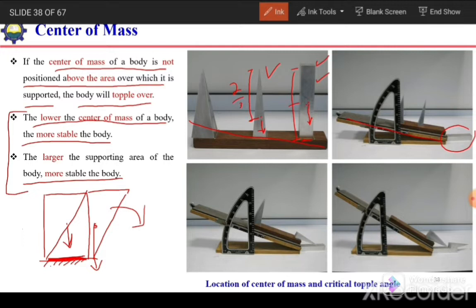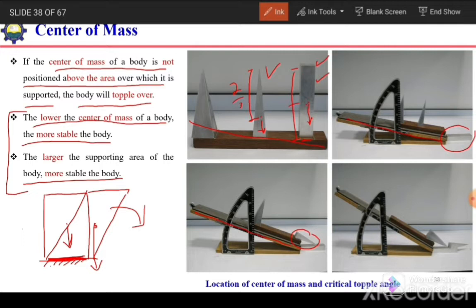And if we further increase the inclination of its base, then this second shape will topple. With the further increase in the inclination angle, the line of action of weight will go away from the supported area and this structure will fall down.